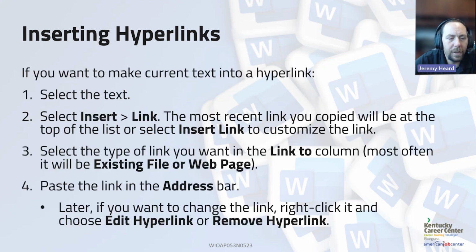You can also change some of the settings within the hyperlink. So if you want to change the wording on that hyperlink, so for instance, if you don't want to use the website URL as the hyperlink, you want to call it something else, then you're more than welcome to do that.